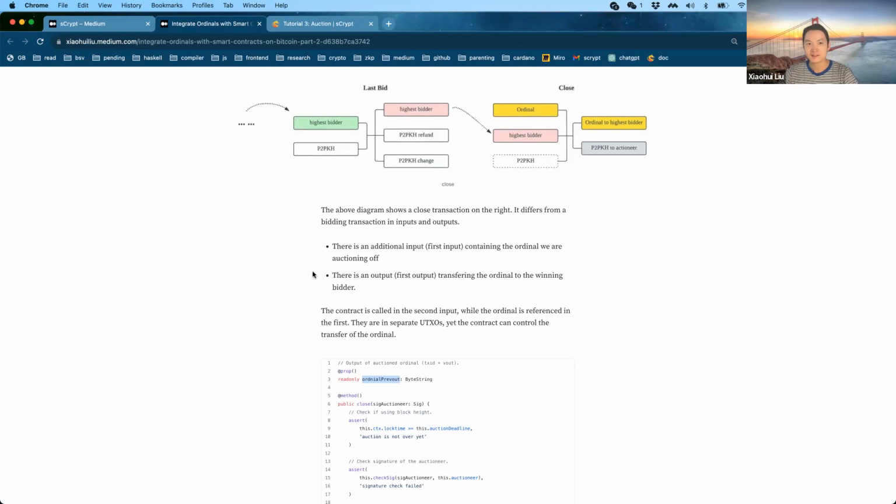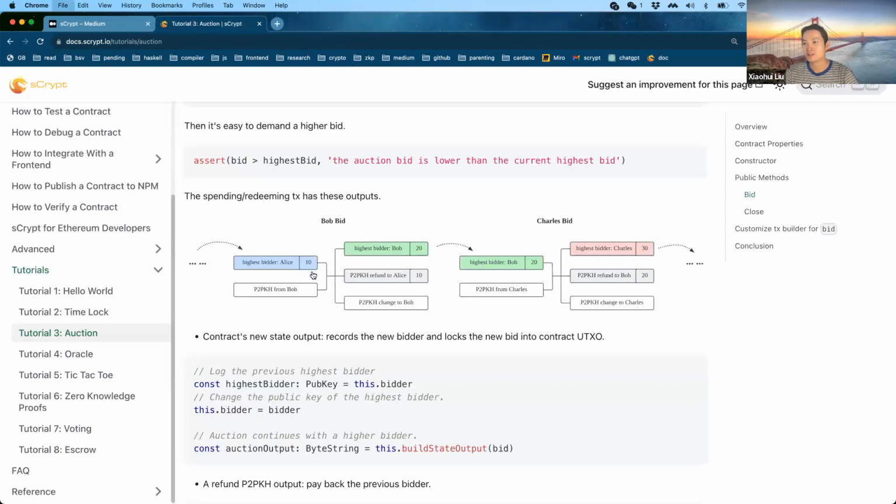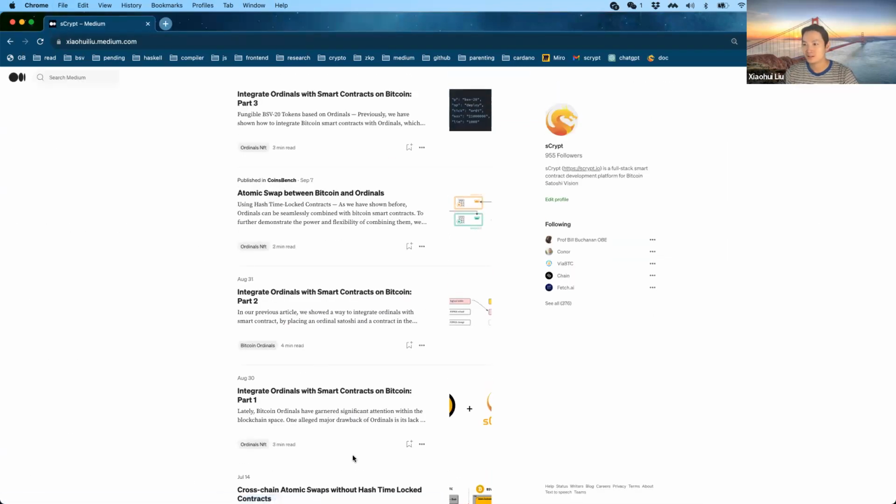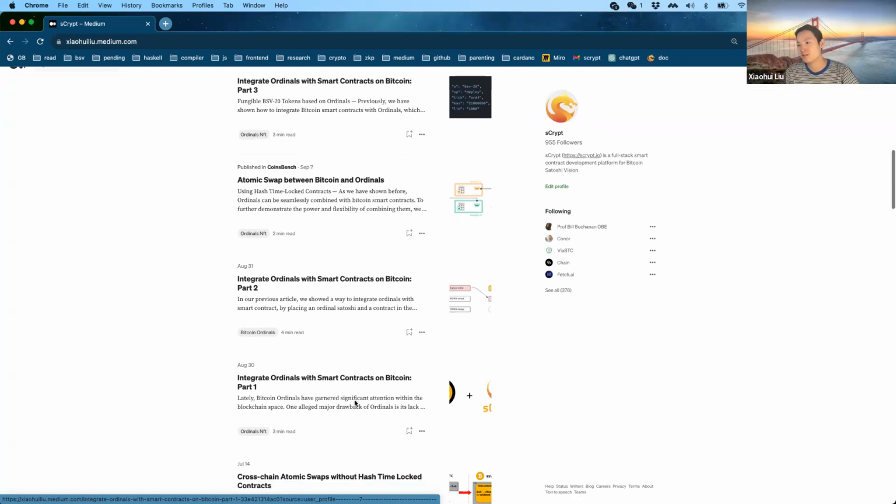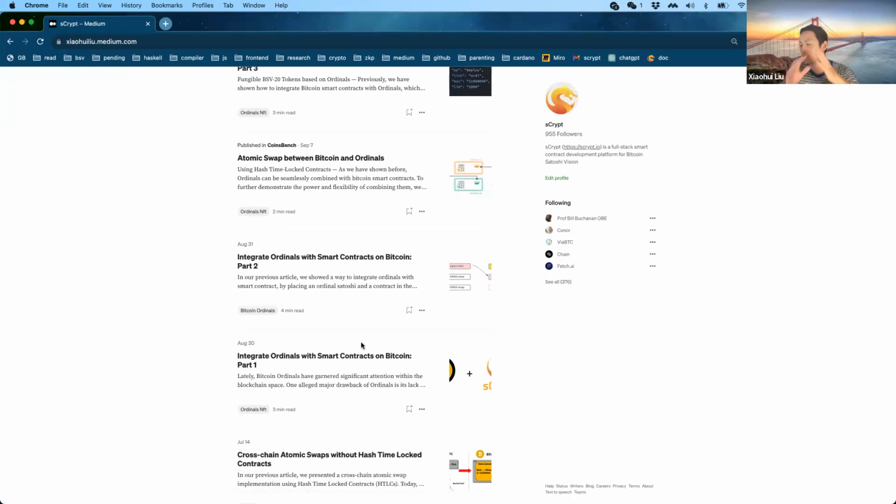Okay. So we just talked about how, here, this ordinal, if you still remember the first one we did, the permission token. So that ordinal and the smart contract are in the same UTXO, right? Because when you spend it, you have to unlock the contract. And in this example, we just showed you that even the ordinal and the smart contract can be in separate UTXOs, right?